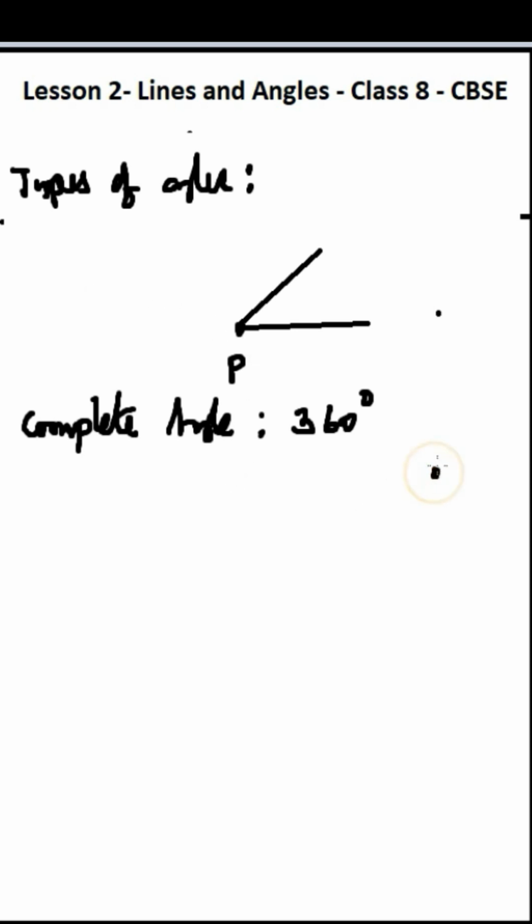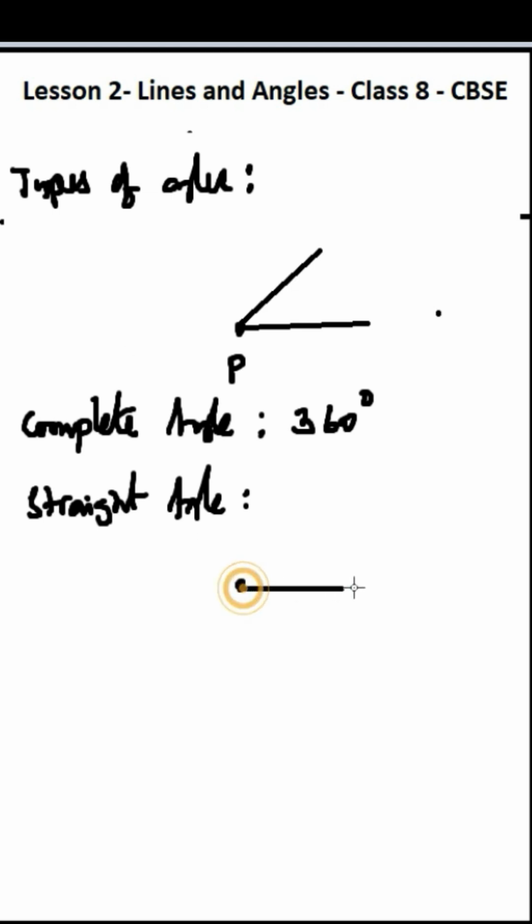So for this point, the angle is how much? 360 degrees. Then half of this angle is a straight angle. I am coming from the bigger angle to the straight angle. Straight angle means suppose this is one ray, and another ray is in line with this.